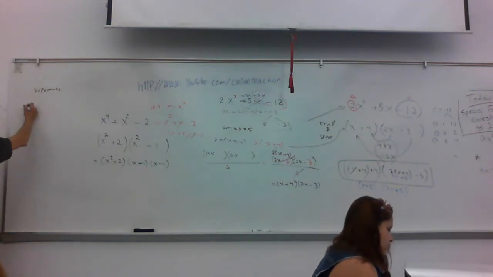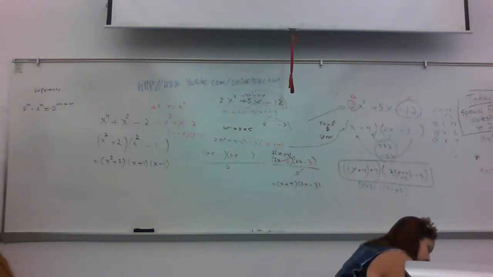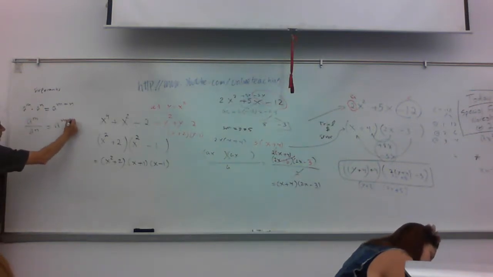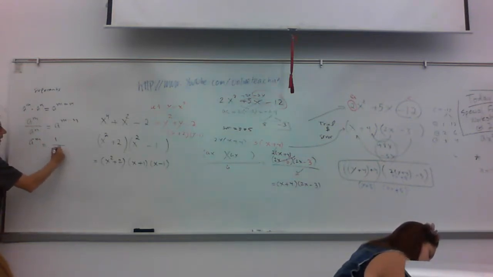Class, a to the power of m times a to the power of n is a to the power of m plus n. Everybody remembers that, right? You don't have to write that if you know it. I have gone over that. It should be in your notes.